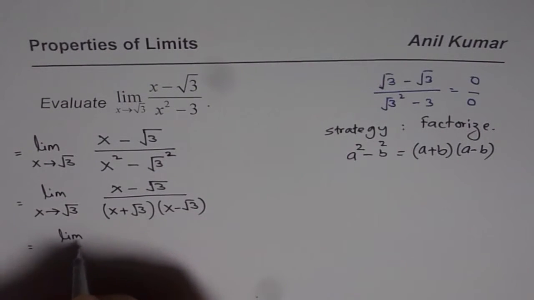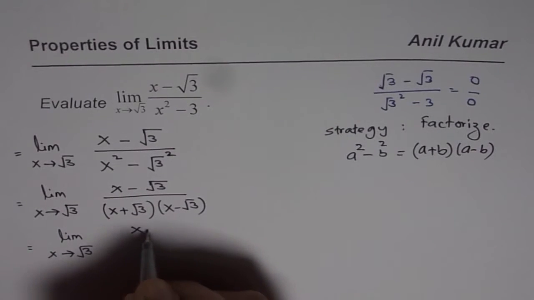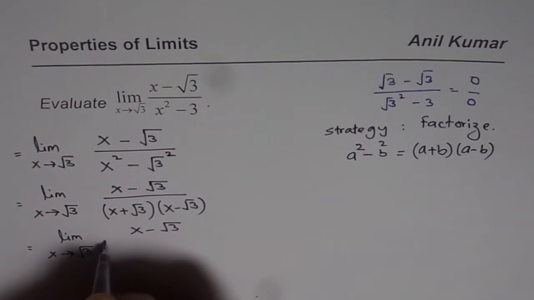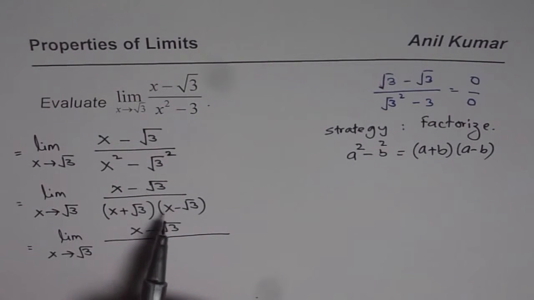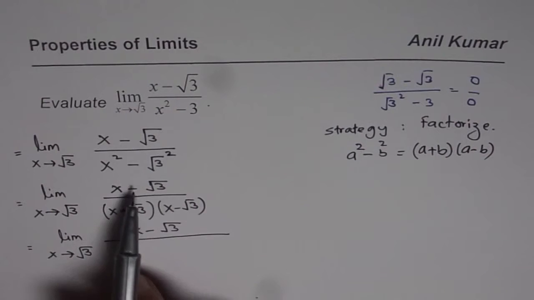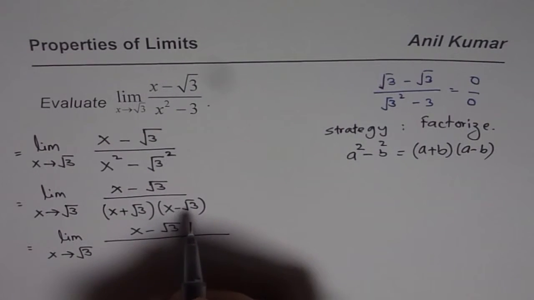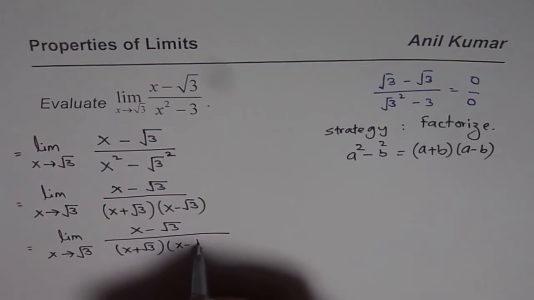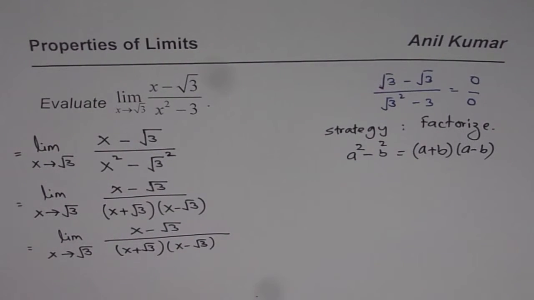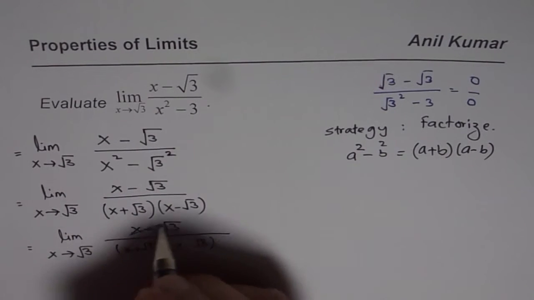So we have limit x approaches square root 3, numerator is x minus square root 3, and in the denominator we could cancel one of these factors, correct? So let me rewrite and then cancel. So we have x plus square root 3 times x minus square root 3. So we could cancel this factor.